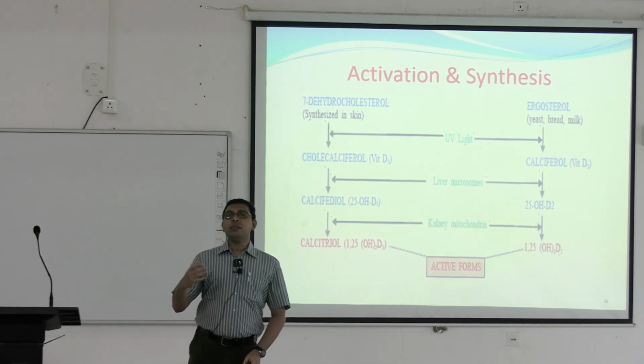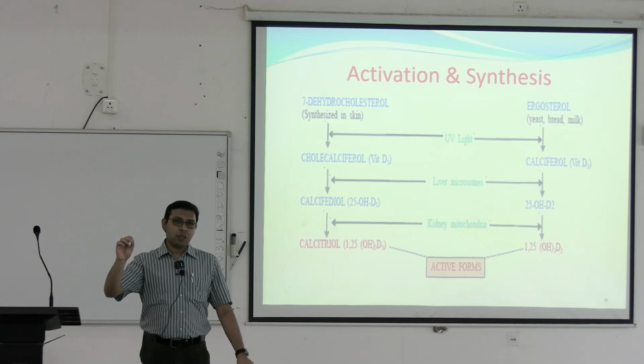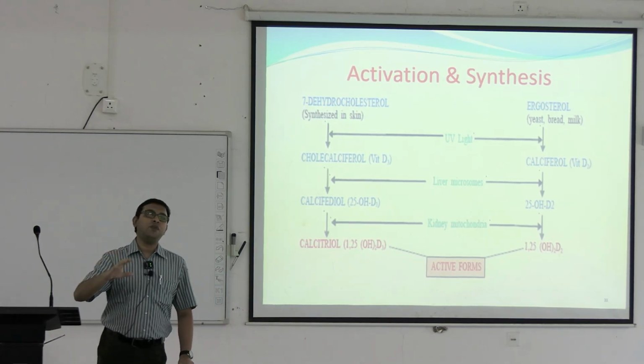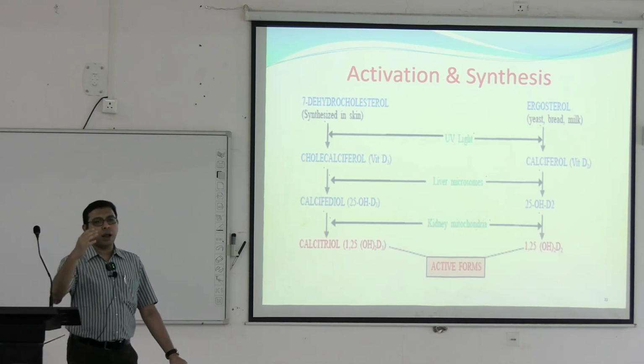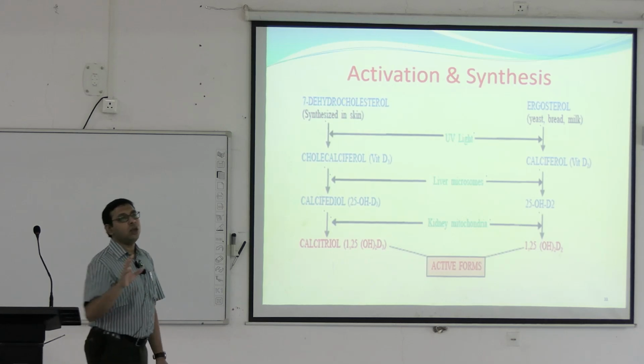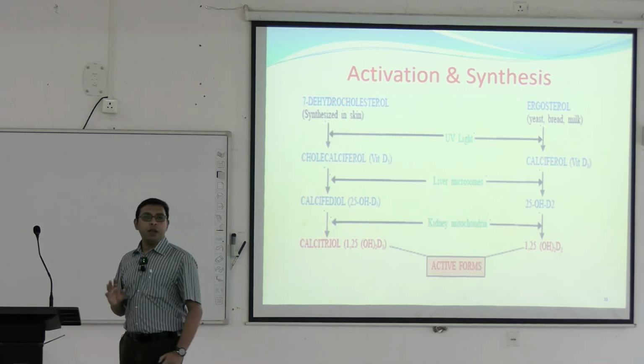Usually it is recommended that for any normal person, within a week, on 1 or 2 days, if you are under the sunlight for approximately 5 to 15 minutes from 10 AM to 3 PM, it is usually sufficient to synthesize an adequate amount of vitamin D3.